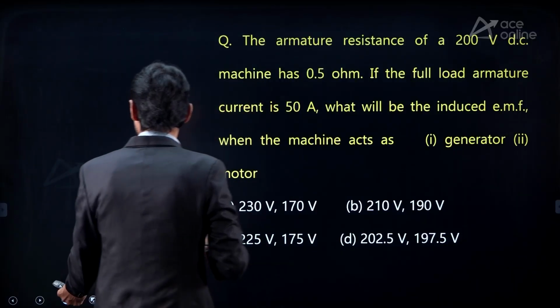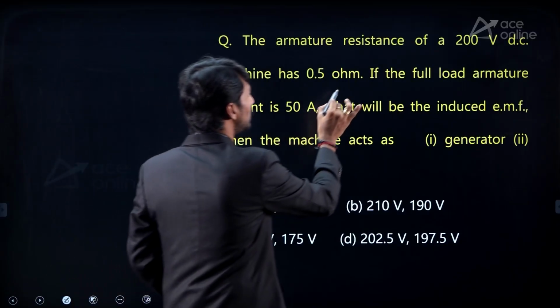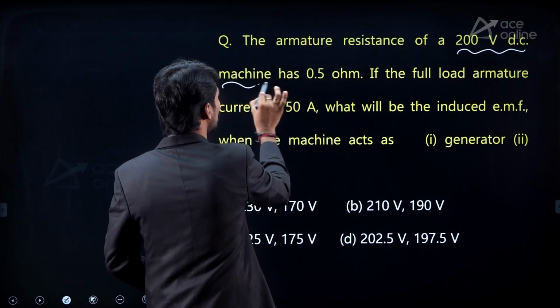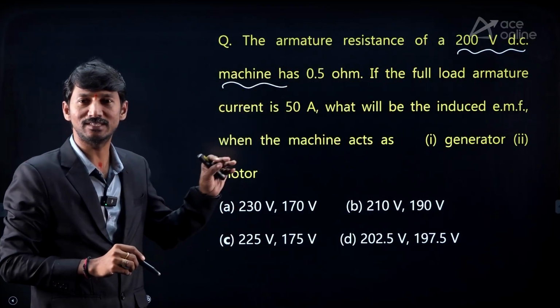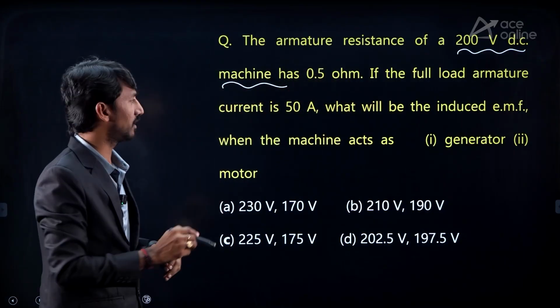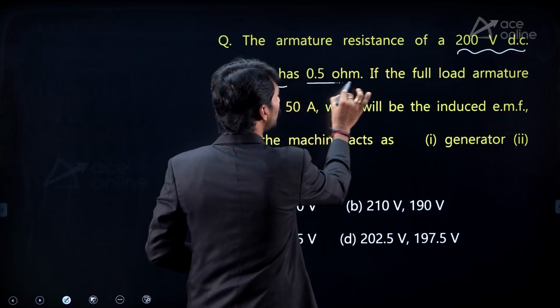The armature resistance of a 200 volt DC machine, he has not said whether it is a generator or a motor, simply a DC machine, is 0.5 ohm.